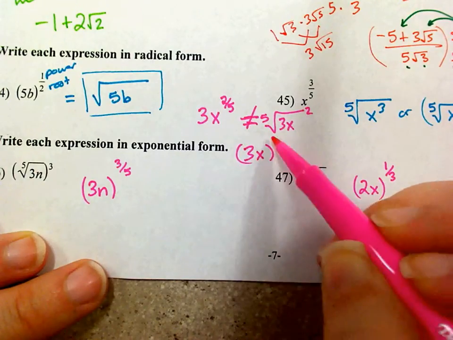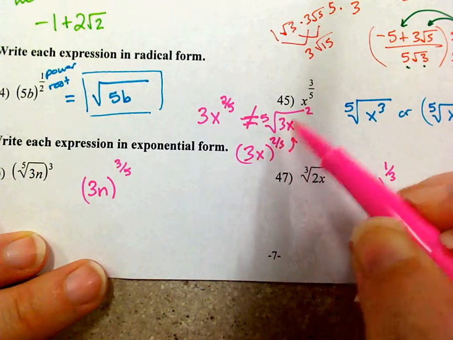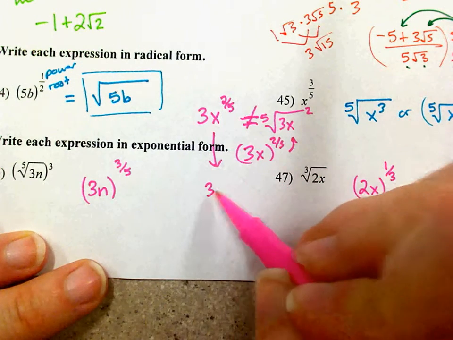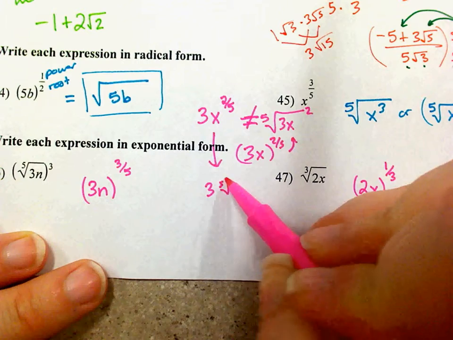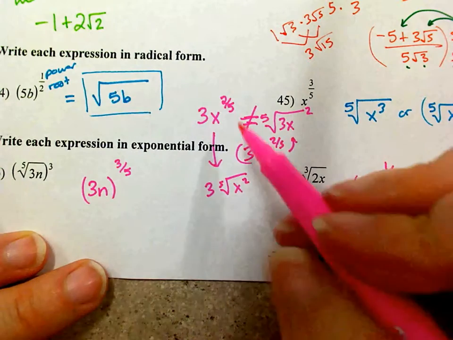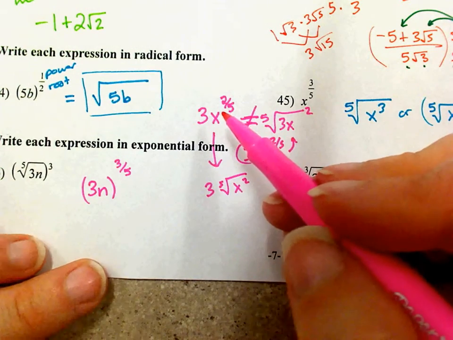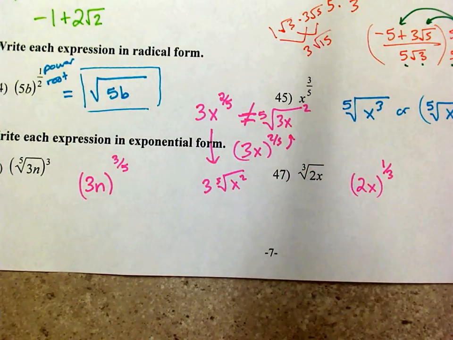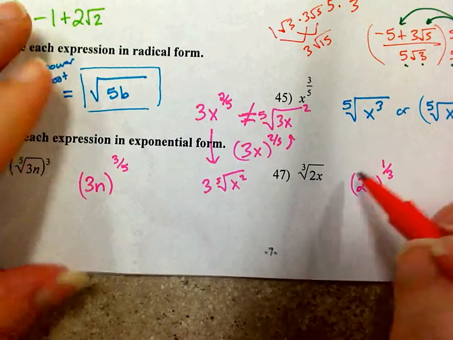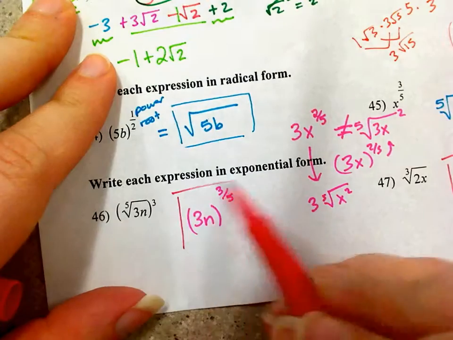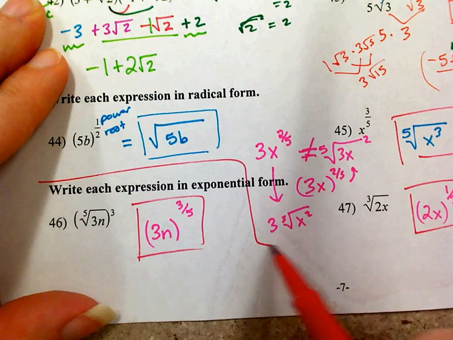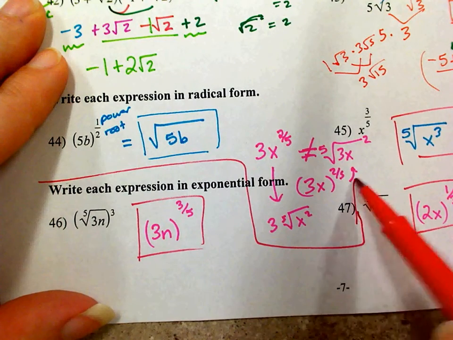Okay? That is that. This right here only means 3 times the 5th root of x squared. So you need to be careful about doing this, because a lot of people are lumping in this 3 with that x, and that's just not true. Okay? But anyway, that is the answer to that. And there we go.